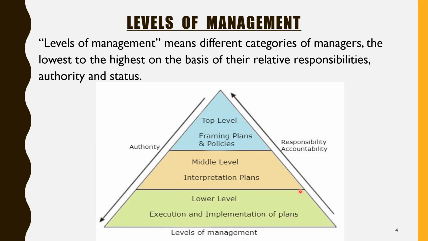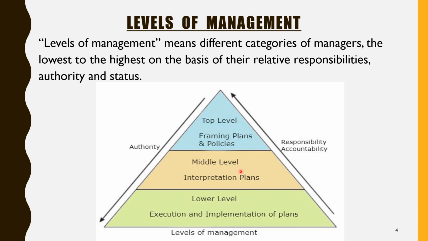We also notice the words like responsibility, accountability and authority. We just understood that authority is the right to take decision. Similarly, responsibility is the obligation to perform a task. Say, if you can see this picture, lower level has responsibility to fulfill the duties given to them from the middle level, and they are accountable for the job that they're doing.